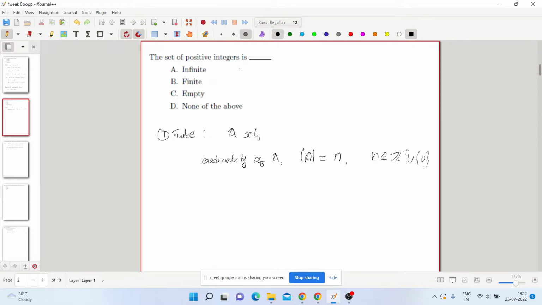If this cardinality is n for some natural number, then the set A is a finite set. What it actually means is, if we can count the number of elements in the set, then it is a finite set. Otherwise, it is an infinite set.